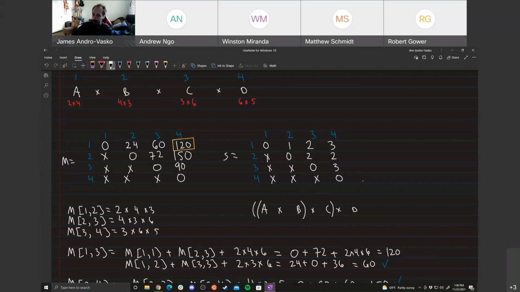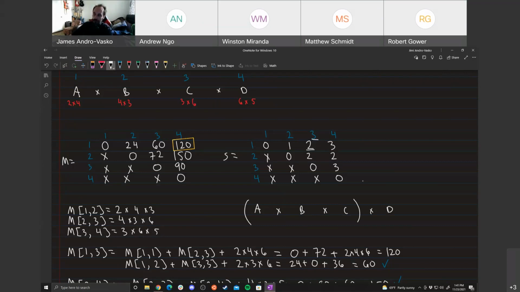Maybe I'll do this again just to be a bit more automated. So you first look at this number, 3. So we chose 3 for our cutoff point. And since we chose 3, that means we have m1 comma 3 plus m4 comma 4. So m1 comma 3 is right there. This is 1 and 3.